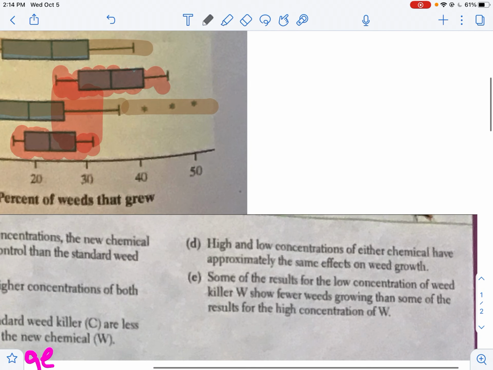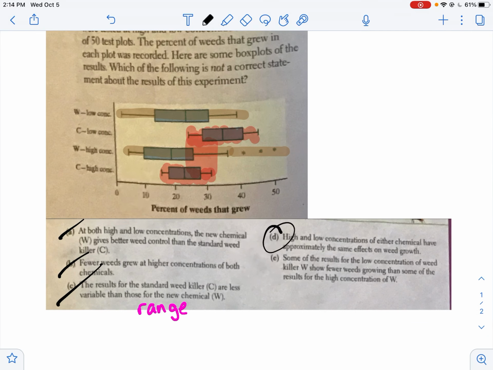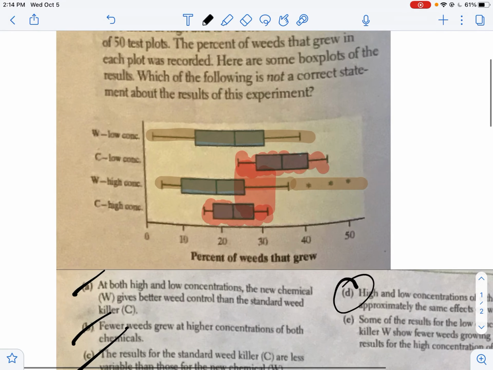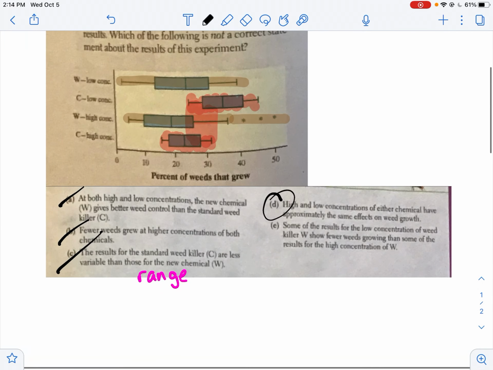So I'm circling this right now, because I'm looking for what's not true. Going back to C, just to review, it says standard weed killer C is less variable. Definitely, because I have less width. Fewer weeds grow at higher concentrations in both chemicals: that's not true, because for W I got some really low percentages. It said at both high and low concentrations W gives better weed control.